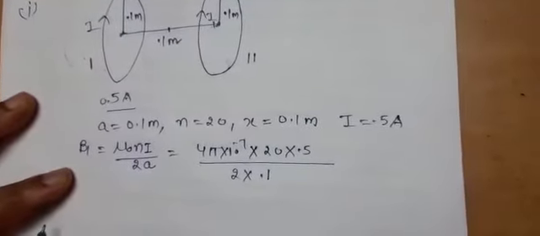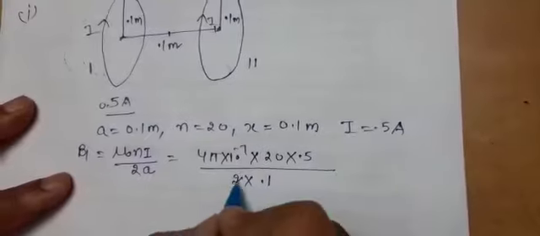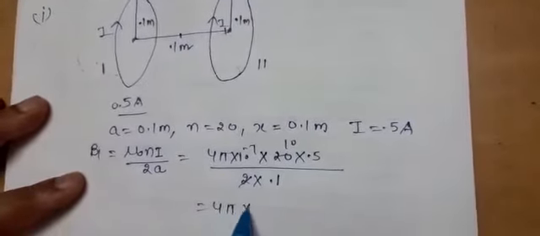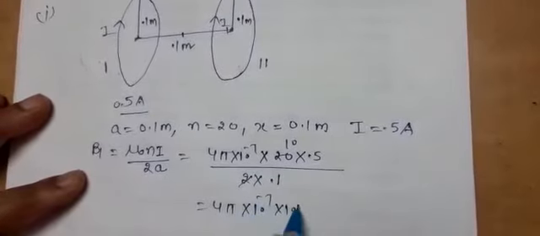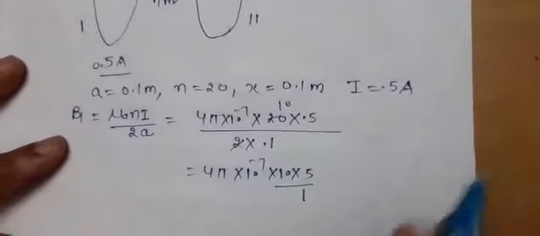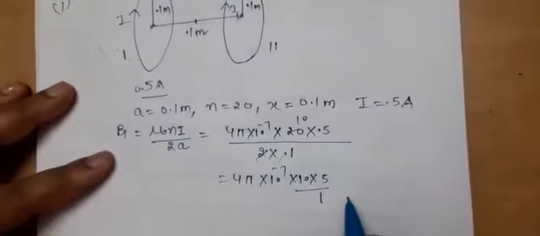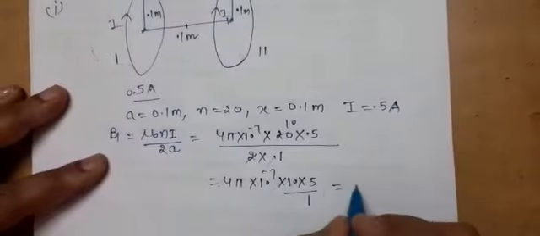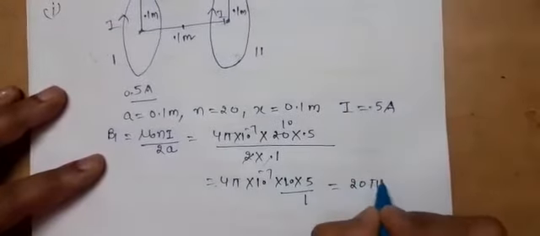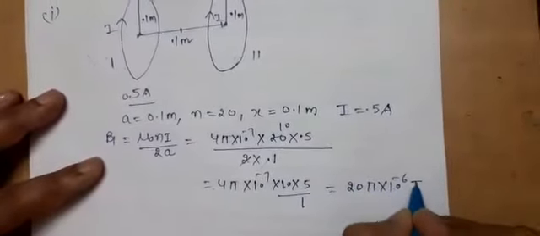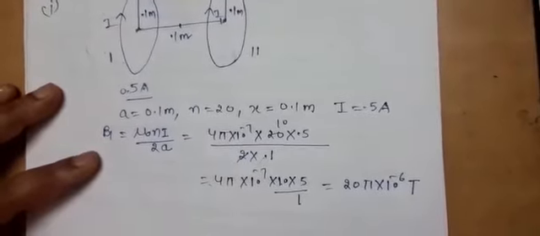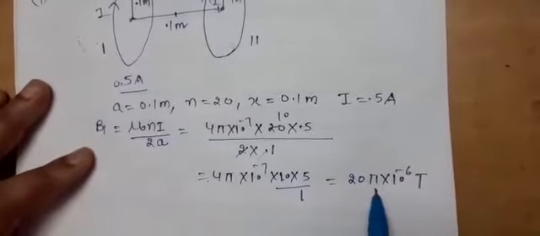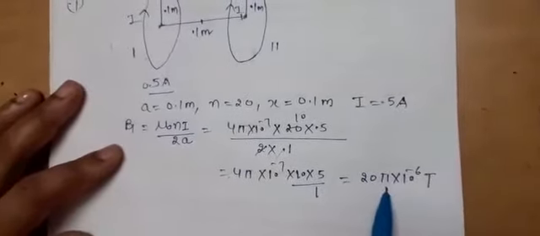When you substitute the values and solve, this is 4 pi into 10 raised to the power minus 7 into 10 into 5 upon 1. The decimal place will be cancelled, 1 by 10, 1 by 10. So it is 20 pi times 10 raised to the power minus 6 Tesla. You can substitute the value of pi here, or you can leave it as such.